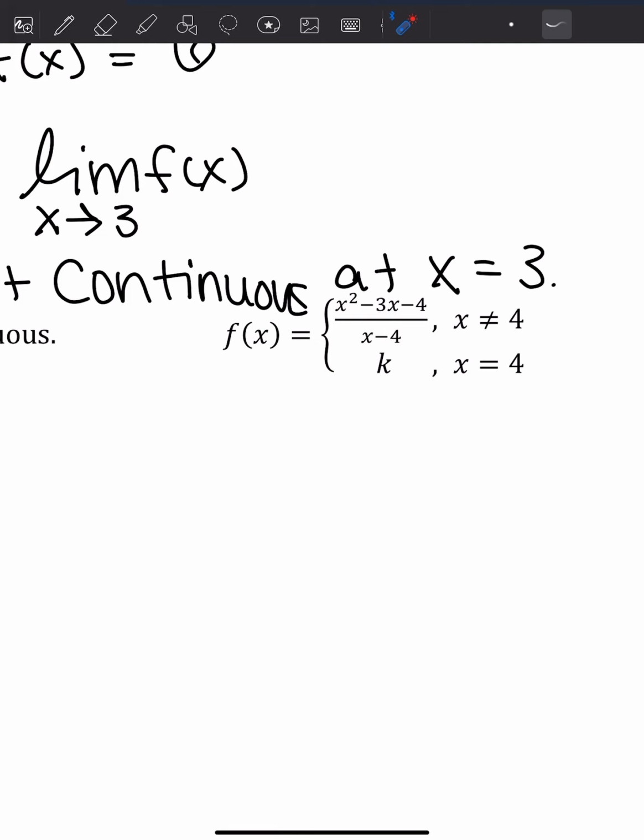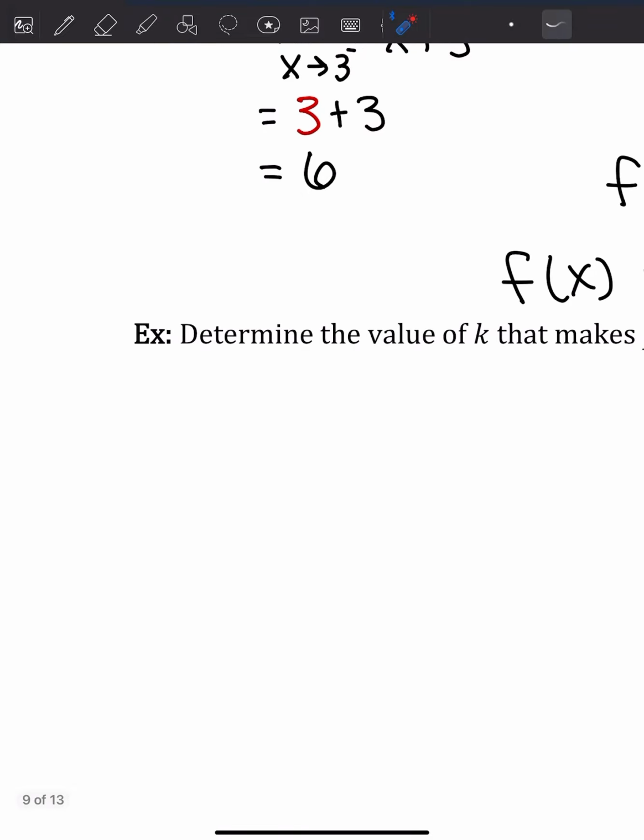So f of 4 is something that we can't really solve for, but I'm going to write it down anyways. On the other hand, we only have one other function. We use that whenever x is not 4. So that means every other moment in this function's life, besides when x equals 4, we use that top function.